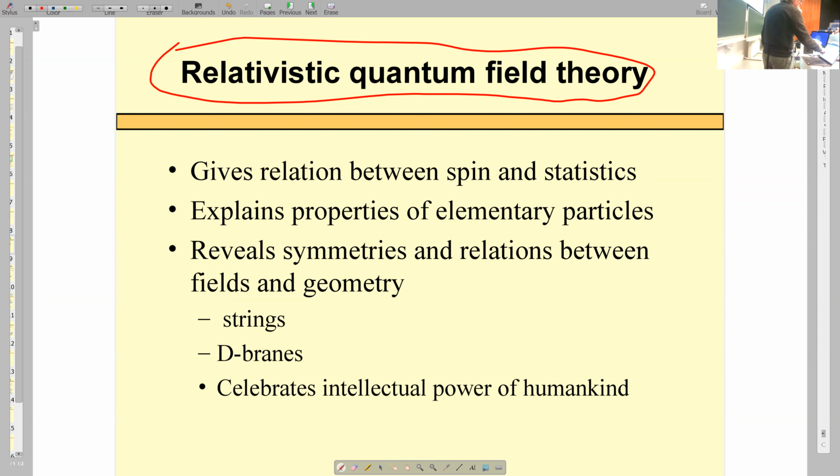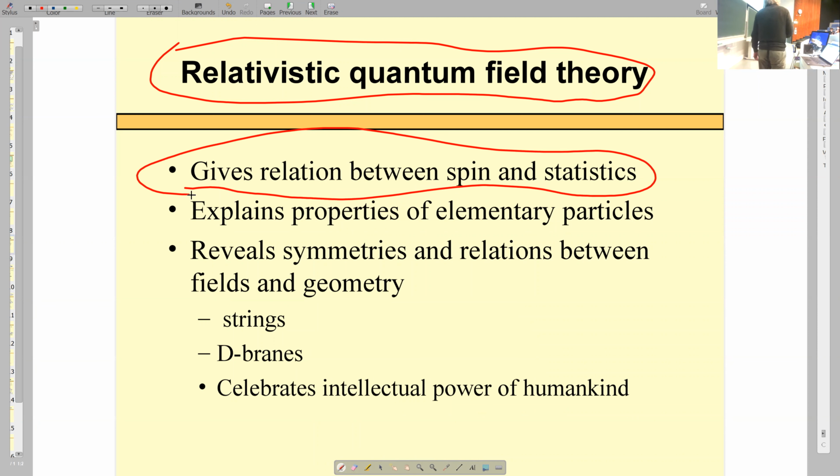It actually explains the relation between spin and statistics: everything which has half-integer spin is a fermion, and everything which has integer spin, including zero, is a boson. It explains quite a bit about the strange zoology of elementary particles.